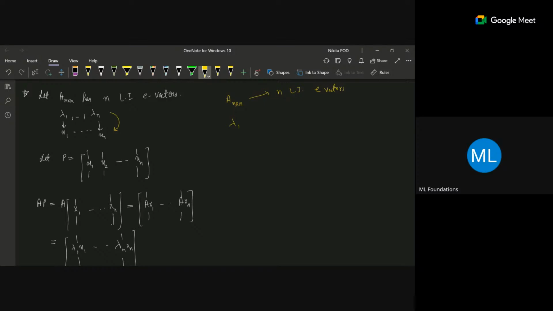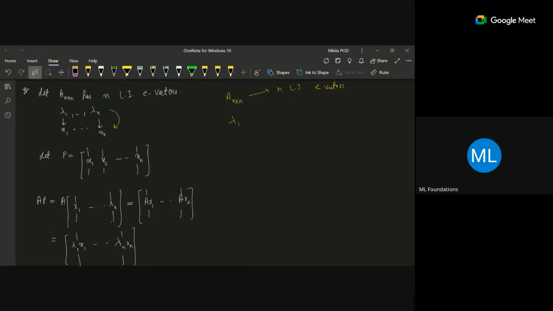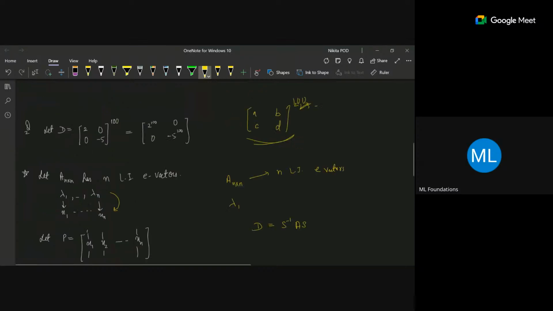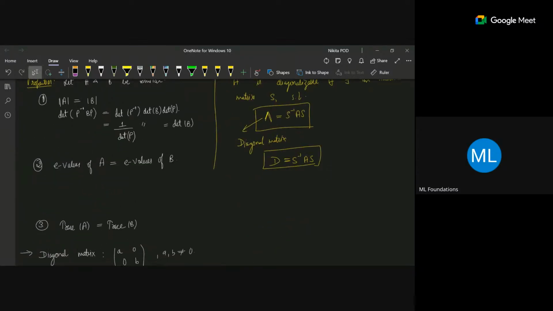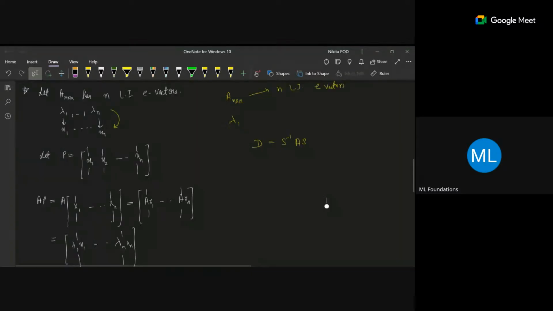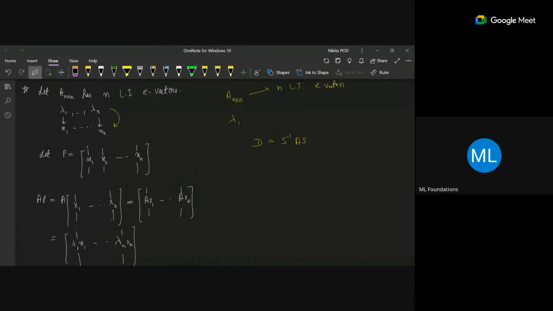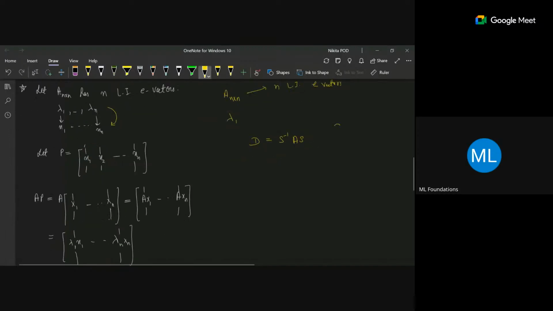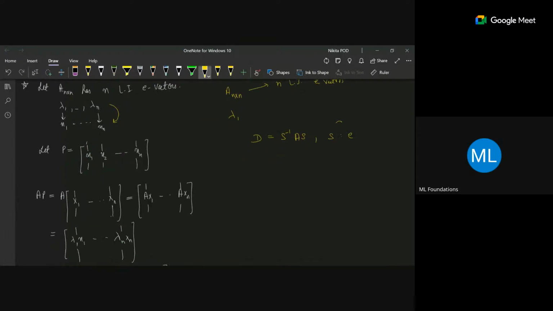These are the eigenvectors of the matrix A. What we are saying is that D equals S inverse AS, where S turns out to be the eigenvectors of A, and each of the columns of S is an eigenvector of A.